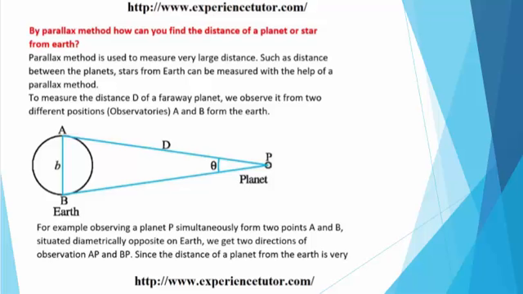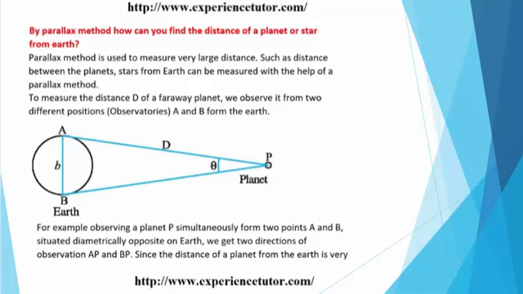Since the distance of a planet from Earth is very large compared to the diameter of the Earth, angle theta will be very small. Angle theta is called the parallax angle.